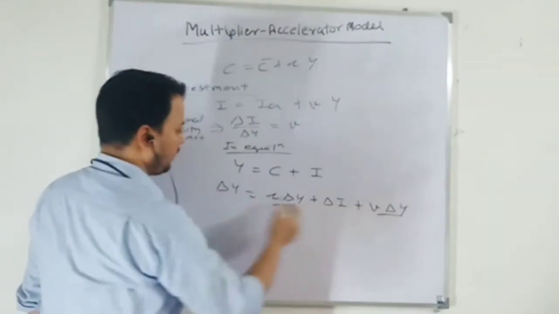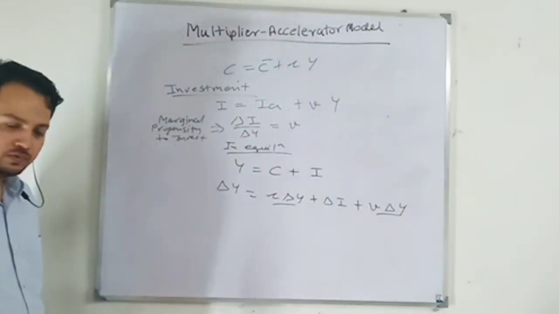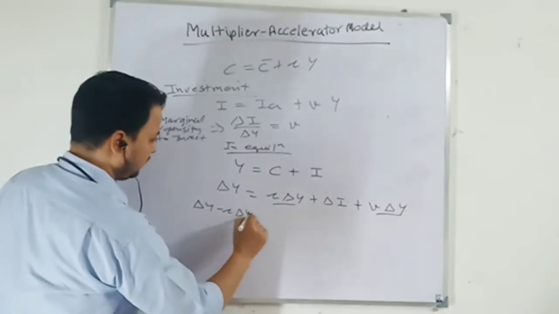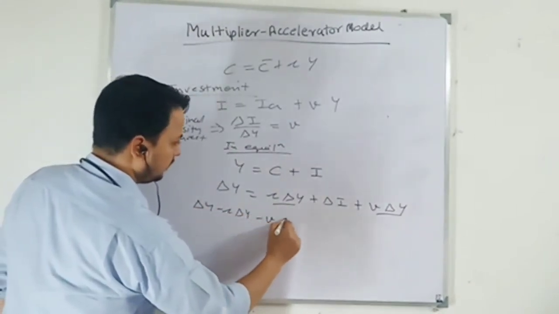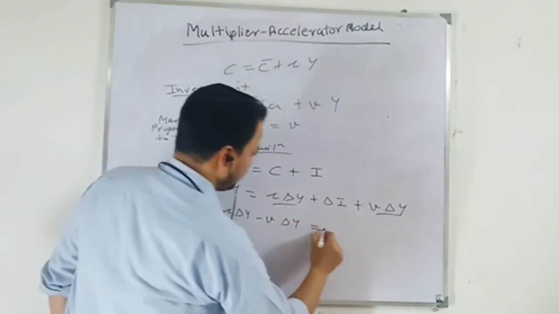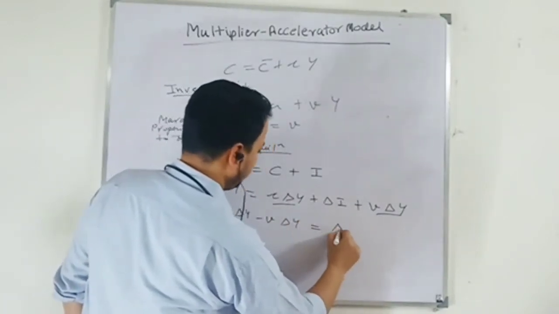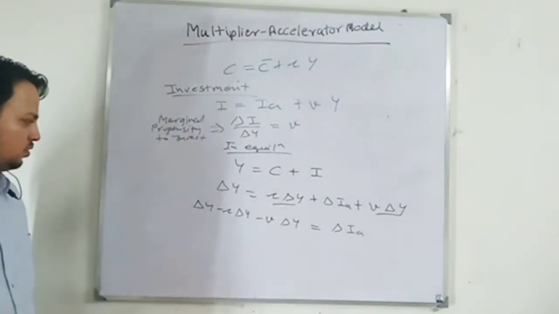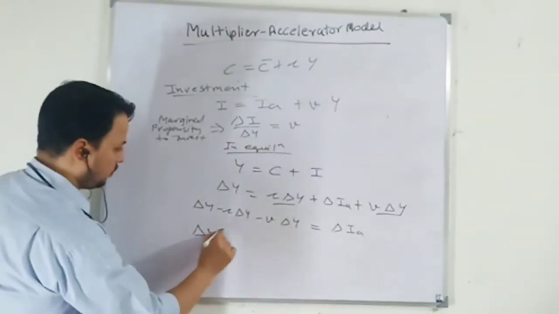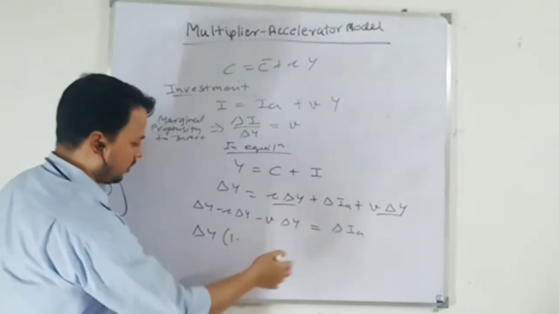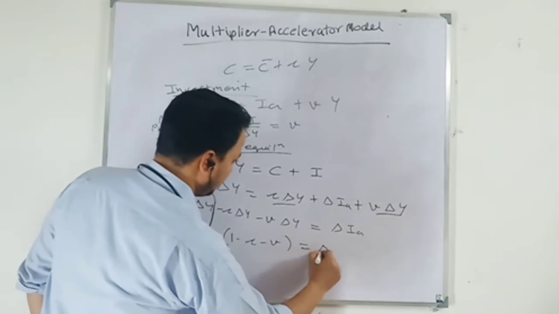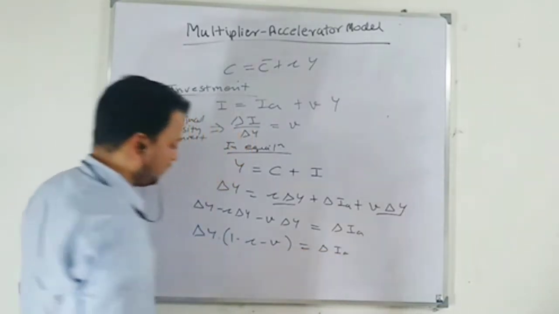Now look at this term. They have delta y, let me take this to this side. This will be delta y minus small c delta y minus v delta y equal to change in autonomous investment, delta I A. So change in output, in the bracket you have to write the multiplication, 1 minus small c minus v, times delta I A, autonomous investment.